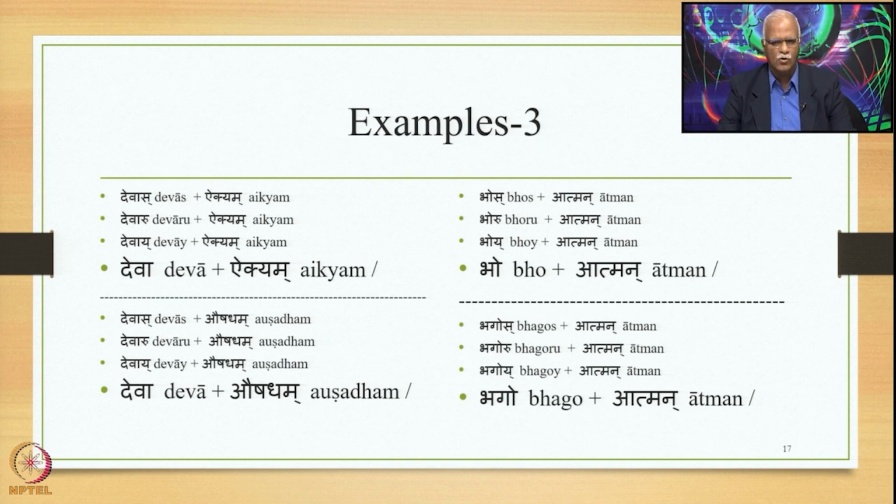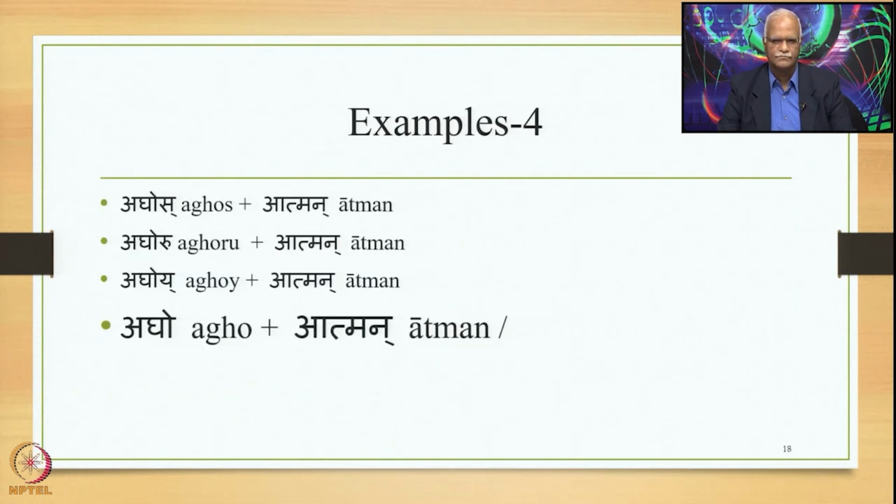So we get bhago atman. And finally, aghos plus atman. Sa is substituted by ru by the sutra sasajusho ruhu. Ru is substituted by ya by the sutra bho bhago agho apurvasya yoshi, and then ya gets optionally deleted by the sutra lopashakalyasya. So we have agho plus atman optionally.